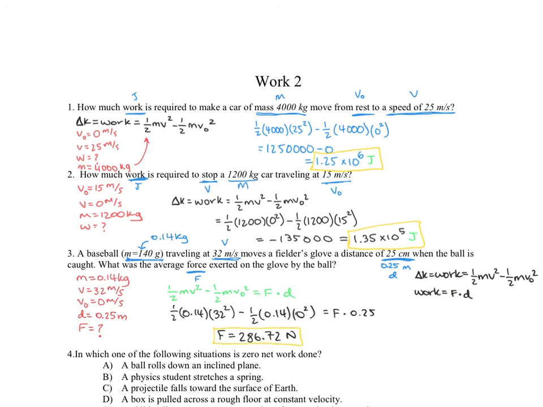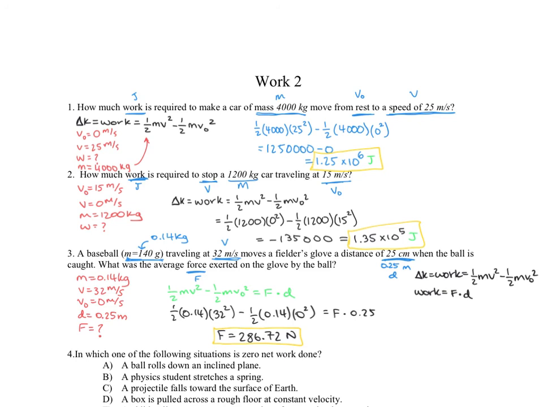Now let's recap. In number 3, we took our mass, our velocity, and displacement, and we're trying to find force. So we have those variables, and of course, the v naught is equal to 0, but that wasn't necessarily used here, except for canceling out.